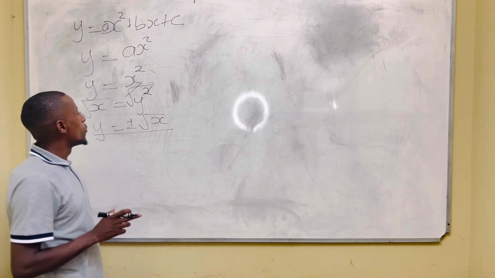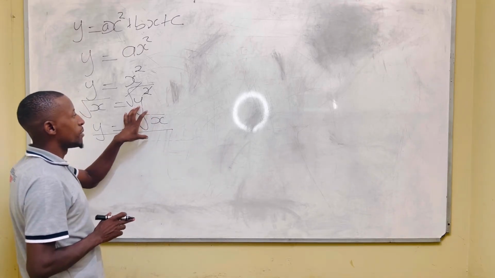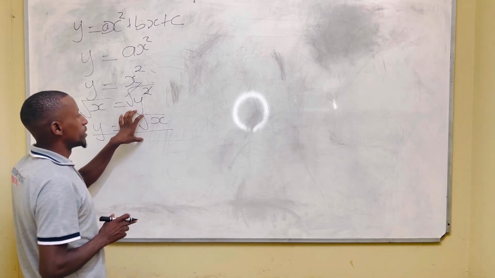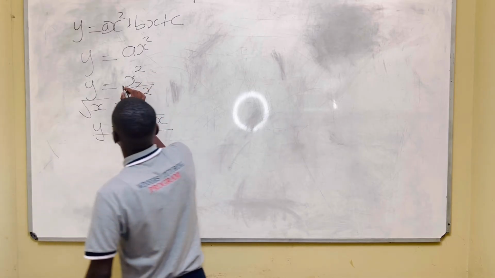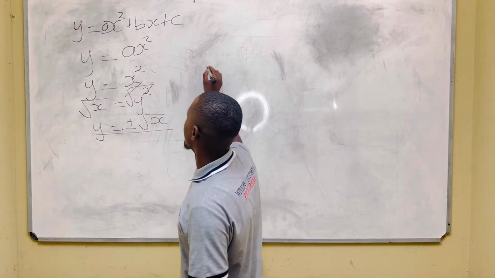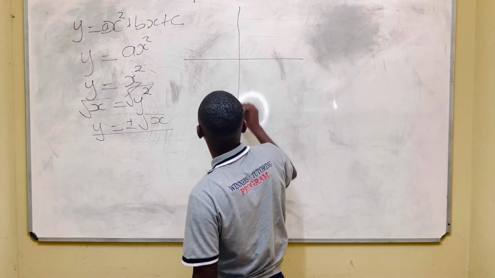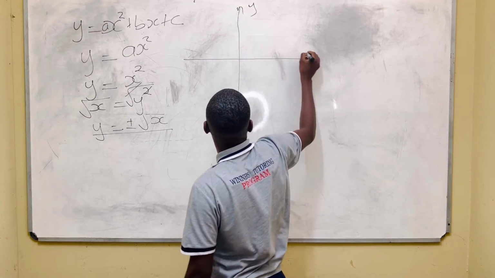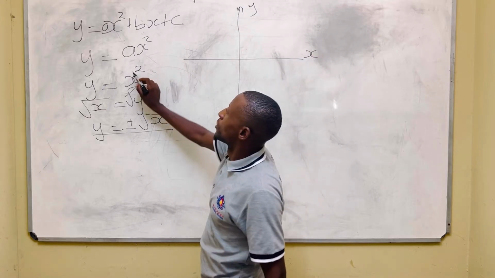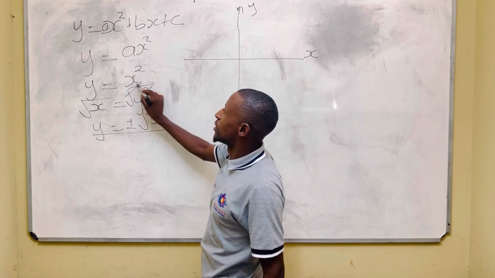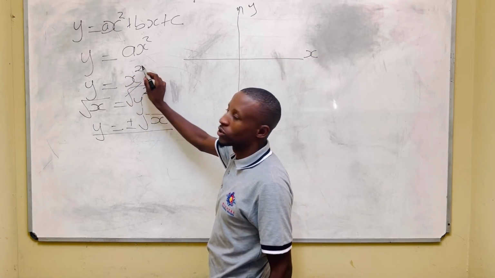But before we talk much about the inverse of this one, we must first know the sketch of the original graph. So the original graph is something like this, y, x. The original equation was given as y equals x squared.